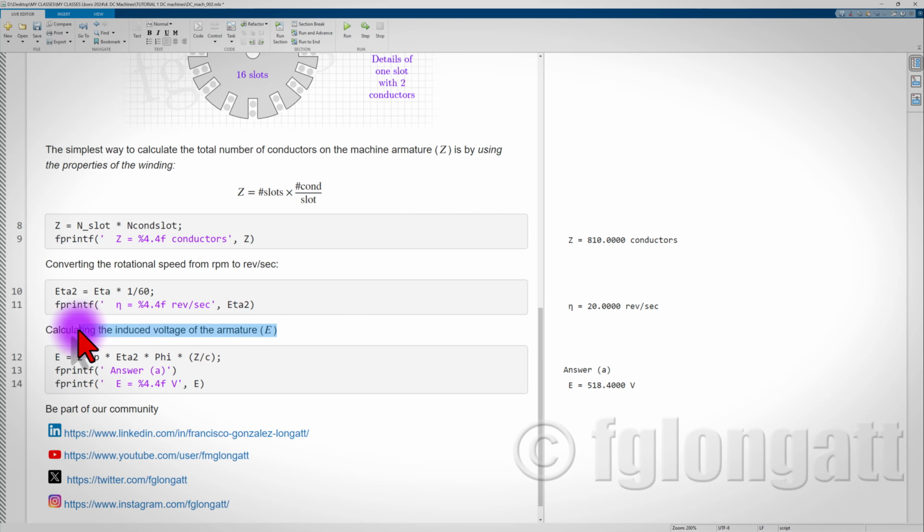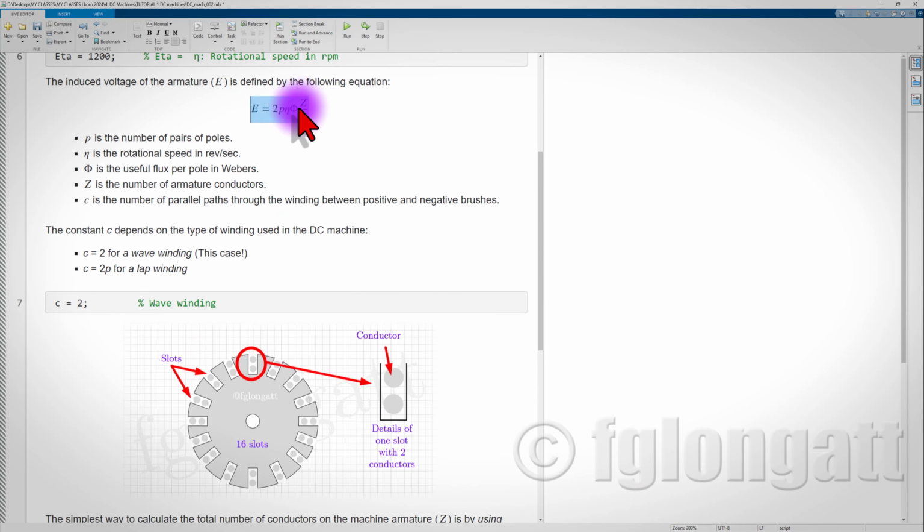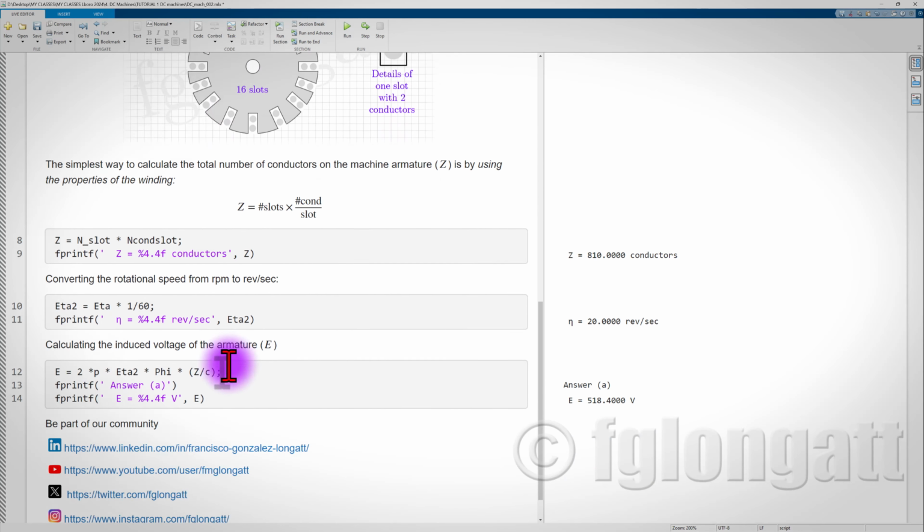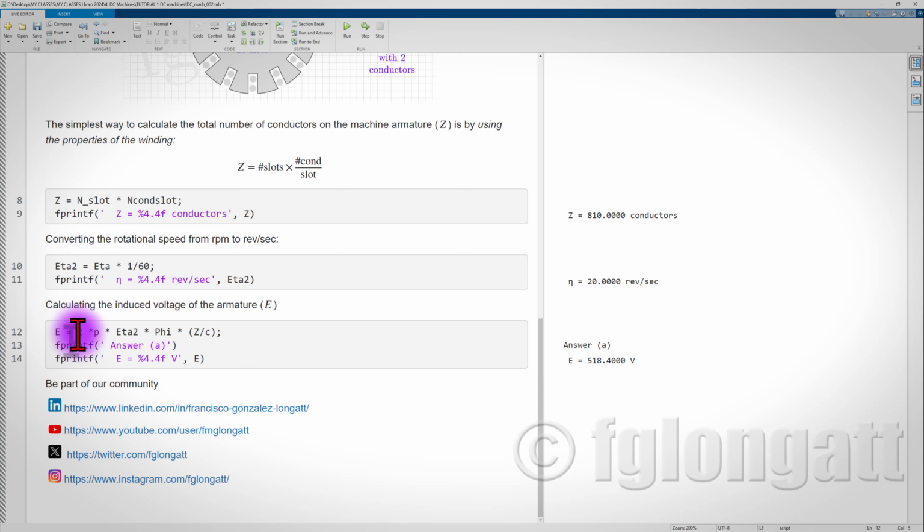Finally, the calculation of the induced voltage at the armature is a numerical substitution in the equation that we already presented. We multiply the number of pairs of poles, 2 in this case, the rotational speed, 20 revolutions per second, the flux per pole, in this case 0.016, and Z, divided by C. We are talking about 810 conductors and C equal to 2.